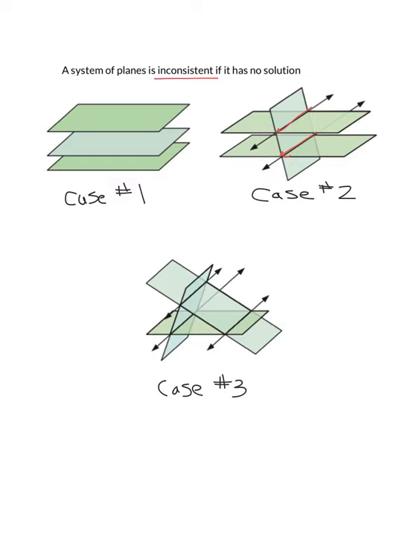And then case number 3, very similar to case number 2, I have two planes intersecting multiple times. So there's an intersection here, here, and here. And so I could get a solution between two planes, but again, there is no point or line or anywhere where all three of these planes intersect at the same time.